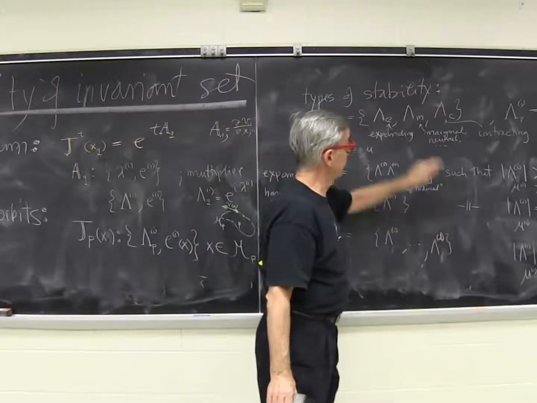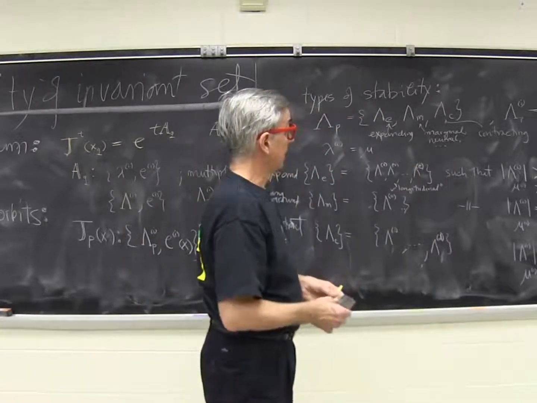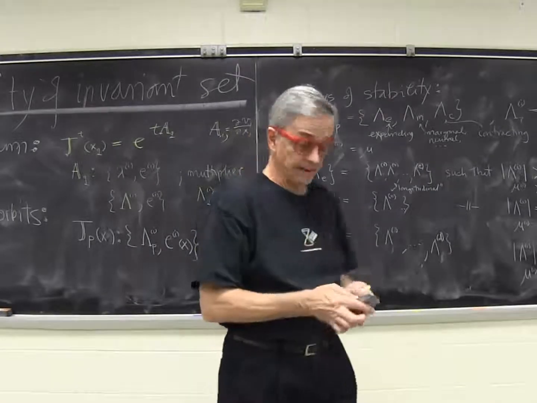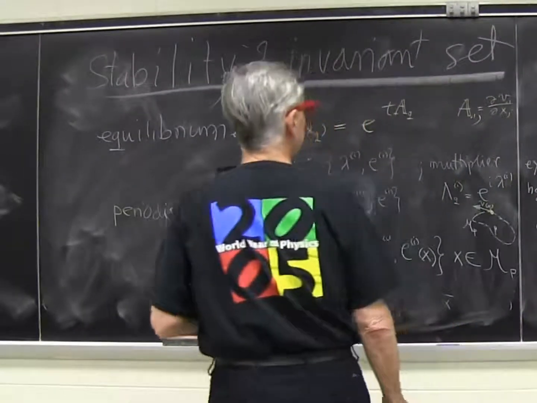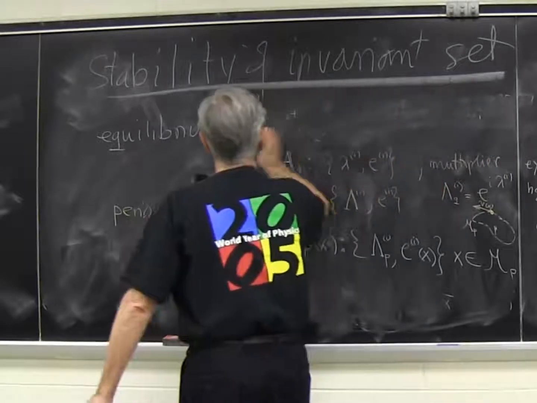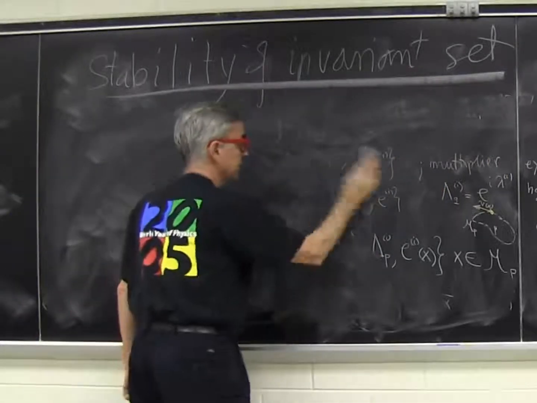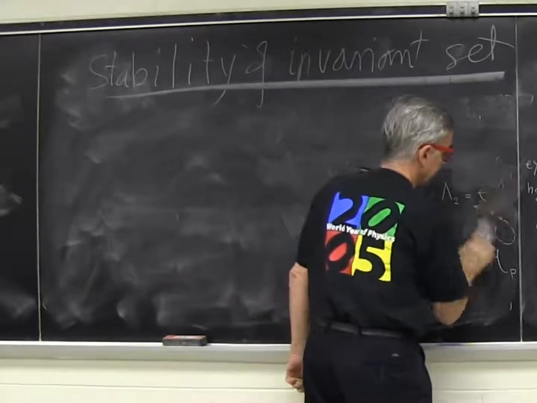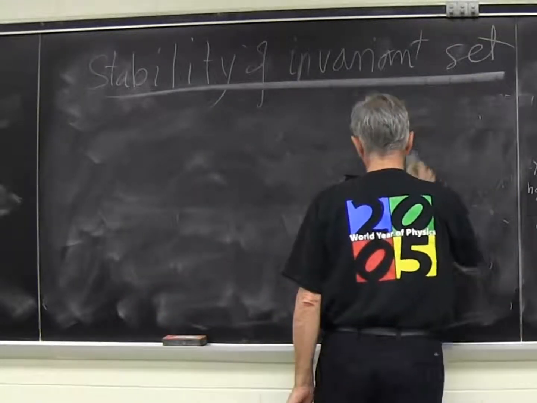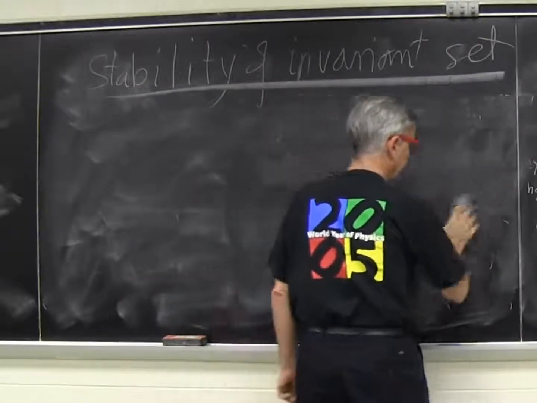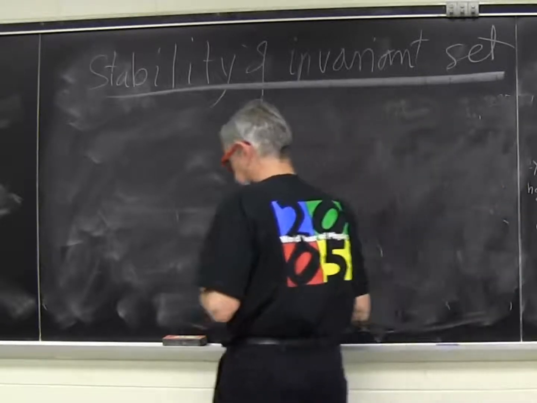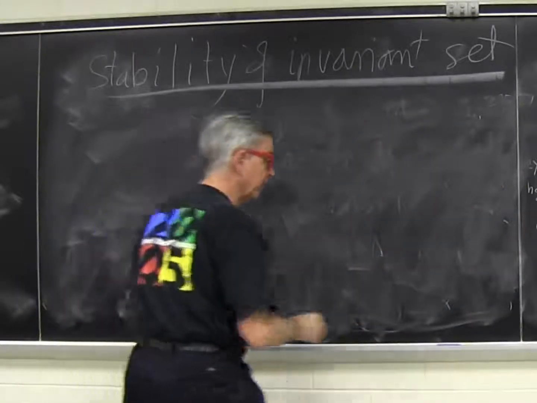These numbers are invariant. Now the reason why they're invariant, I'll first draw a little picture and then do some algebra. But the picture is one that you're very used to.